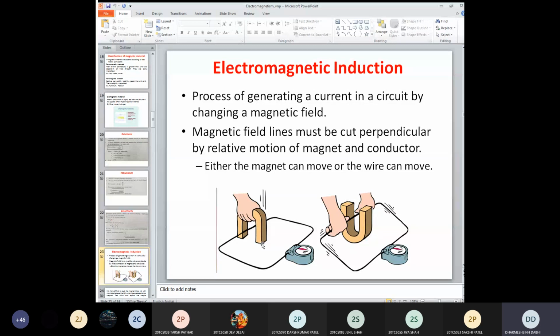As we have seen in the last lecture, if you move the magnet and keep the coil stationary, it also creates current in the coil. Or if you keep the magnet stationary and move the coil perpendicular to the flux lines of the magnet, it also generates current. That is called electromagnetic induction.